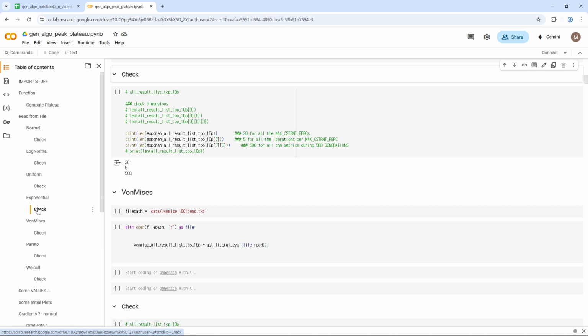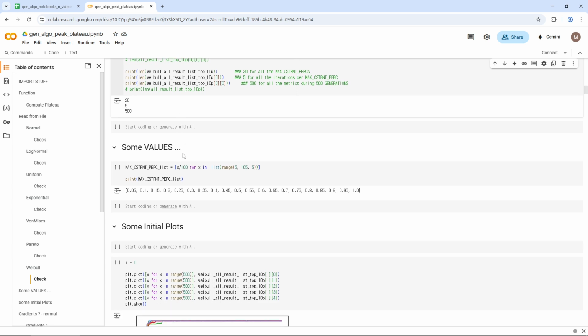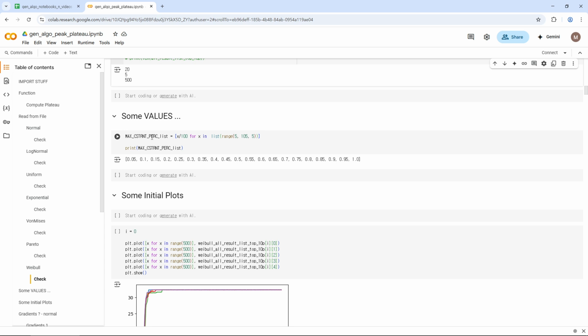And they all check out. I'm not going to run anything on Google Colab, but here are the results when you run them. And then I make a list of max constraint percentages from 0.05 or 5%, and then 0.1 as in 10%, all the way to 100% or 1.0.